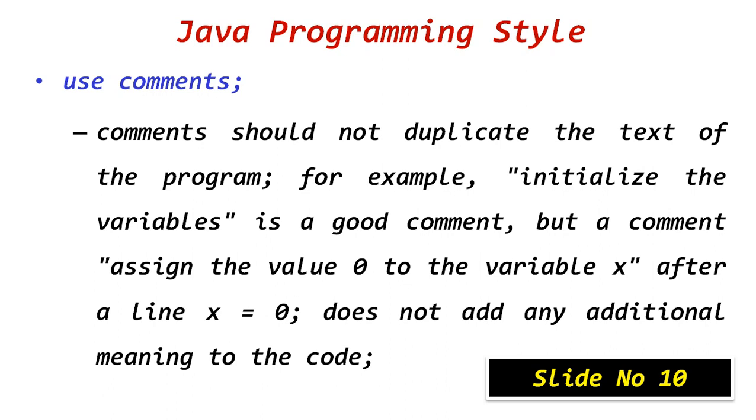For example, "initialize the variable" is a good comment. But a comment saying "assigning the value 0 to the variable x" after a line x = 0 doesn't add any additional meaning to the code. You are just explaining that content. It's not necessary to do like that. But if you are explaining that particular content in some specific way, then it's good.